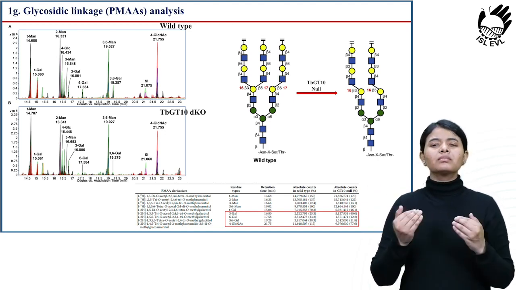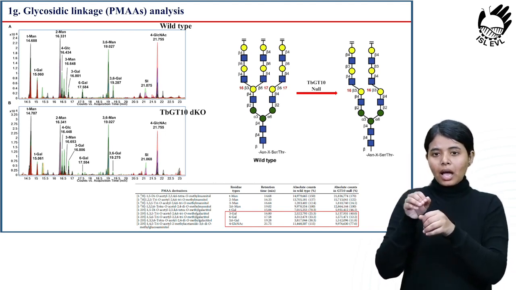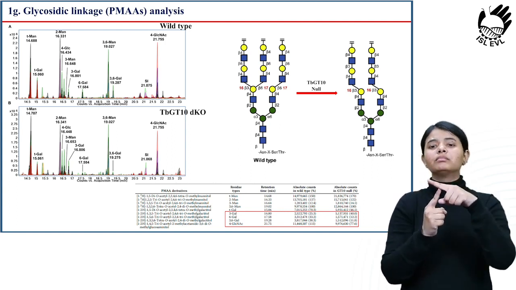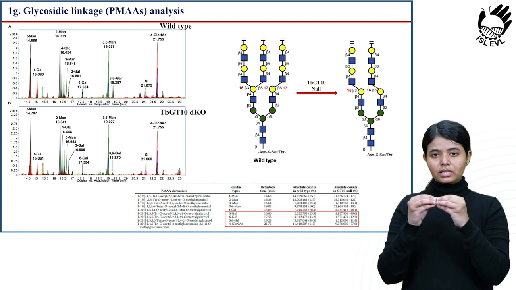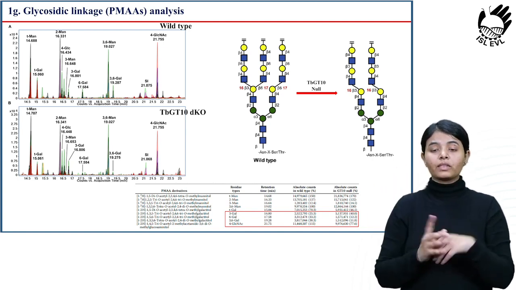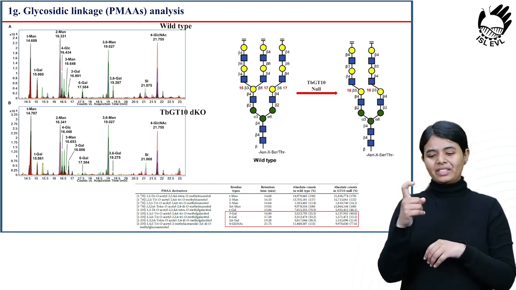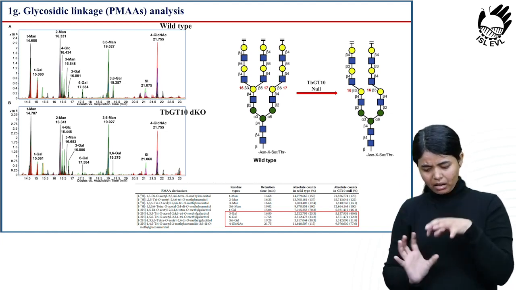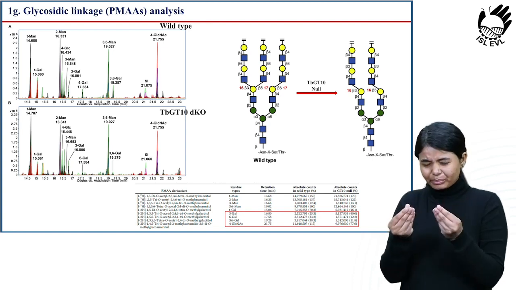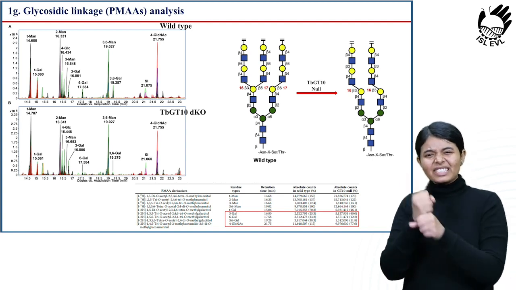And thus, TBGT10 is basically transferring this glucanac on the 6th arm of the complex N glycan. And because the 6th arm branching is not happening, now we see, interestingly, more of 3 substituted galactose in the TBGT10 knockout cell lines, which basically tells us that the linear arm is getting extended on the glycan, and it might be a compensation done by another enzyme which is similar to TBGT10.